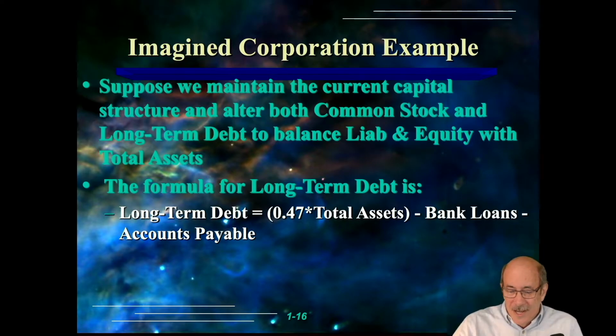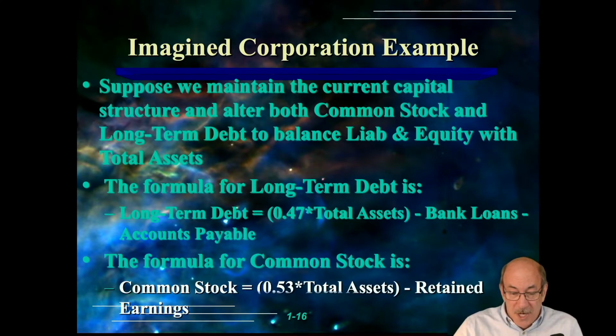All right? And then I do the same sort of operation with equity. So my equity is supposed to be 53% of total assets. So I'm going to make the common stock account value be 0.53 times the assets. Then I'm going to subtract off retained earnings.